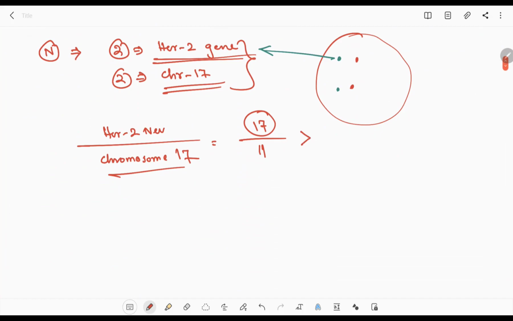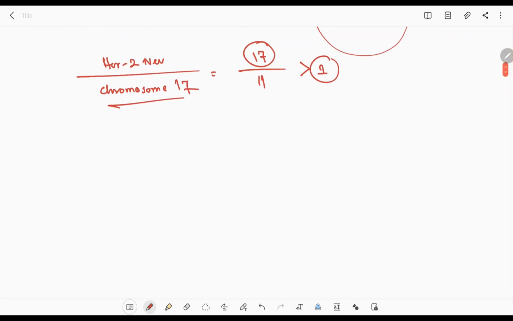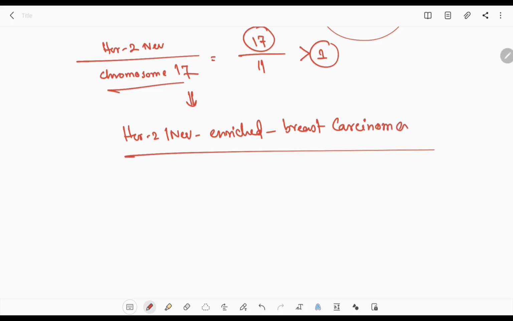So obviously it is more than 1, but in the normal case the HER2 to chromosome 17 ratio is always 1. So we can say that it is HER2 neu enriched breast carcinoma.